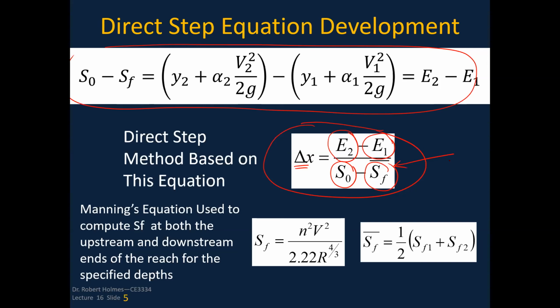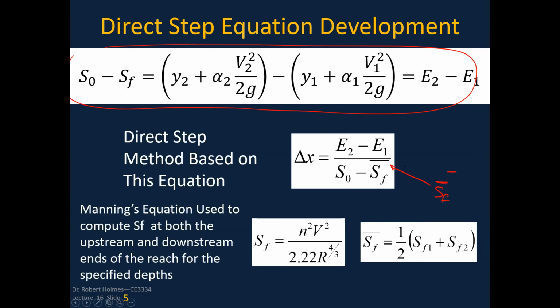So I want you to recall this as the average friction slope, average S sub F, and we call that S sub F over bar. Okay, so let's erase some of that so you can see it better. And so this is the S sub F over bar right here.